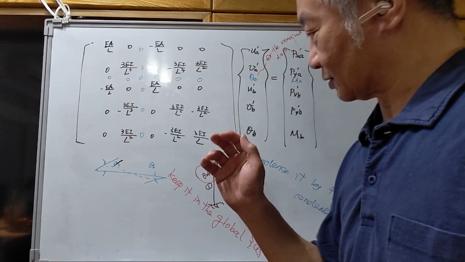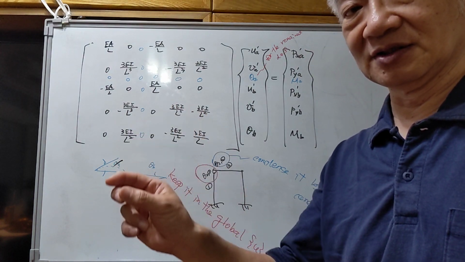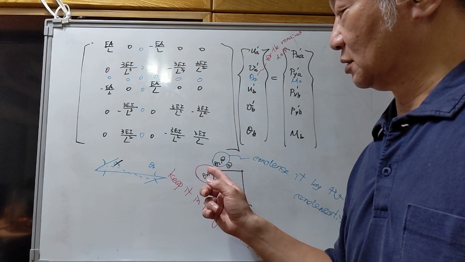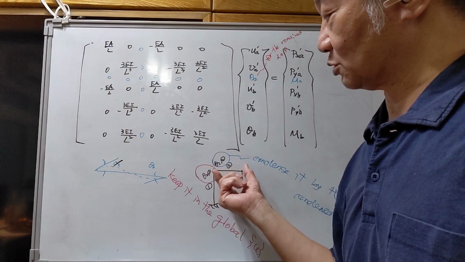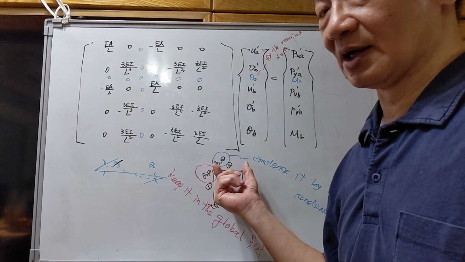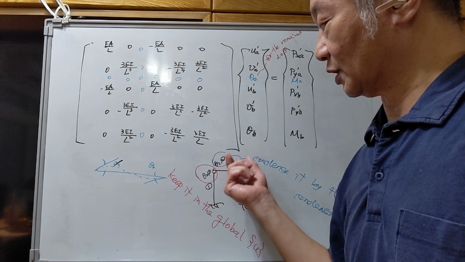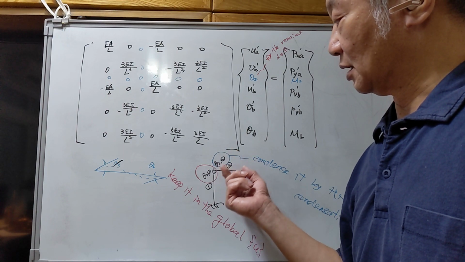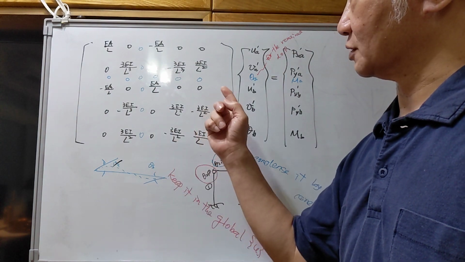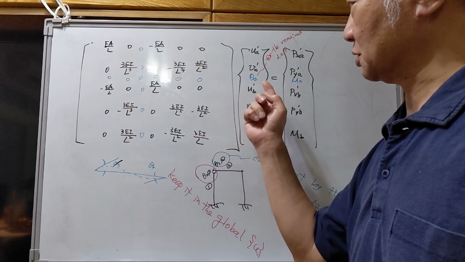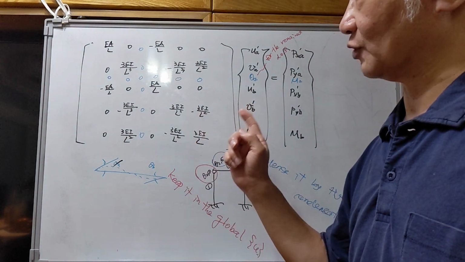Okay, so theta 2,1 is the one to be remained in the global U vector. Theta 2,2 is in the element stiffness matrix we are calculating right now, but we eliminated this one. When you add a row of zeros and a column of zeros back to the element stiffness matrix, theta will be the remainder degree of freedom.